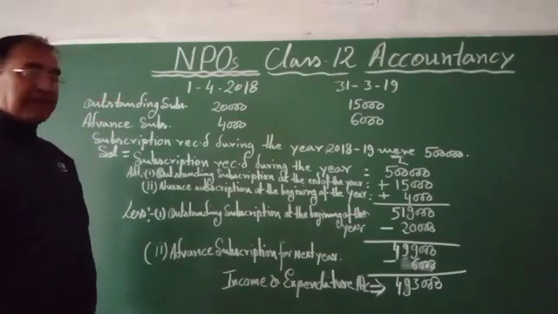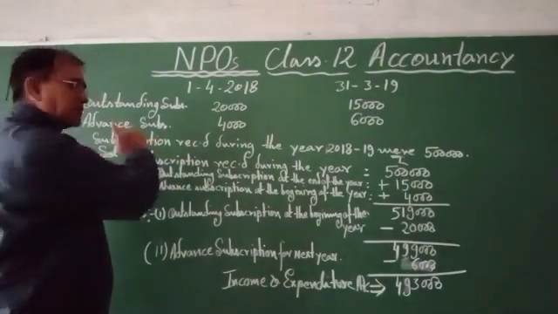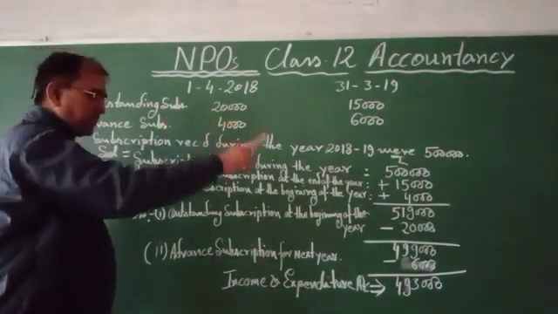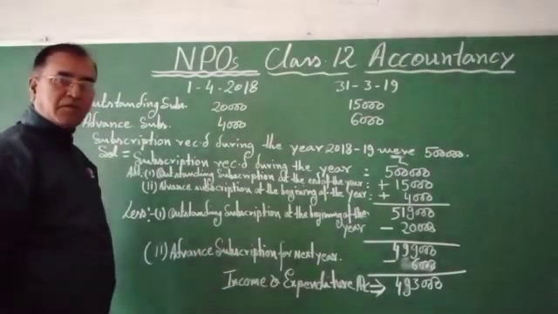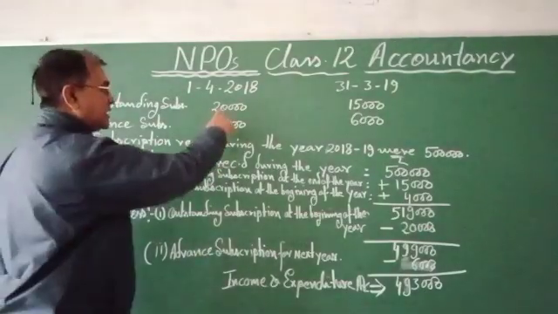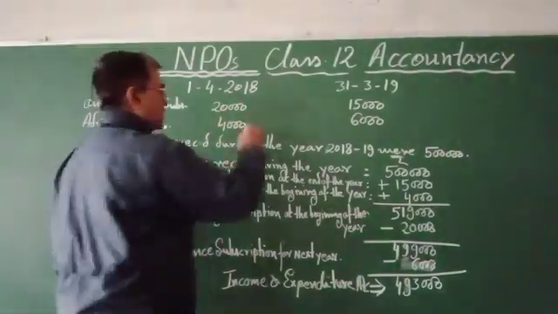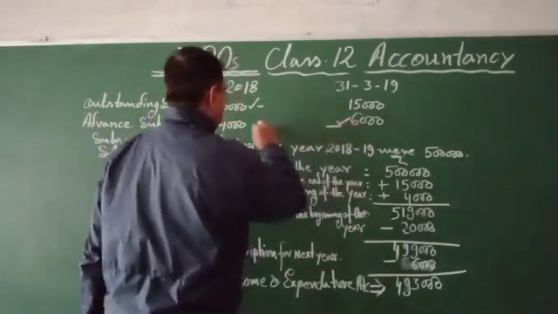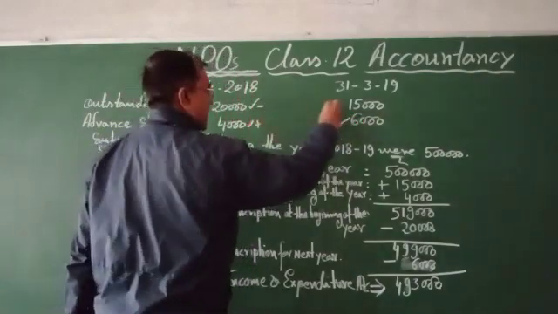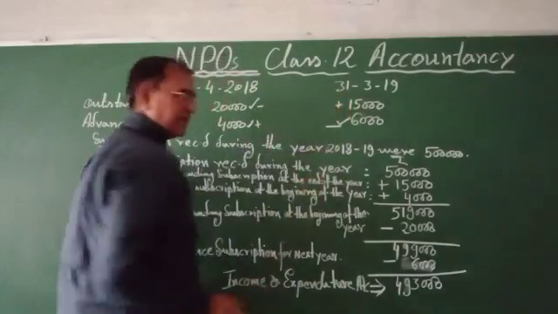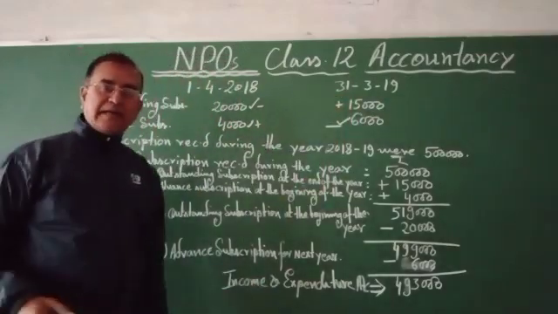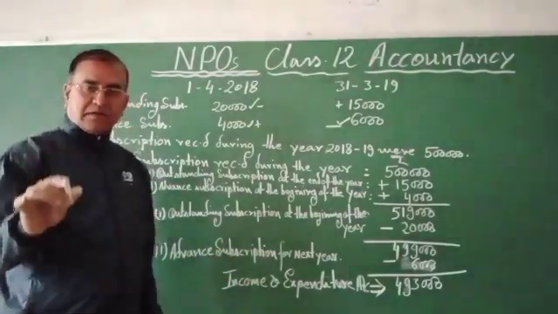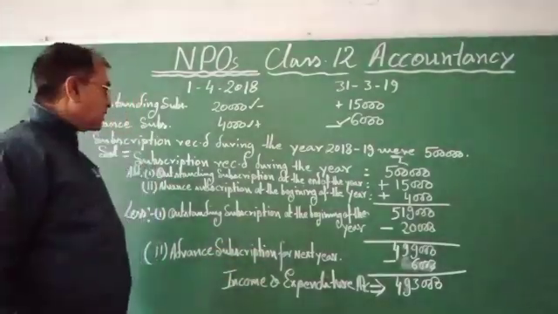Next, the outstanding subscription for the previous year. This one is an item of minus, and these are items of plus. A question arises why these are added and deducted. I am explaining it through this video.